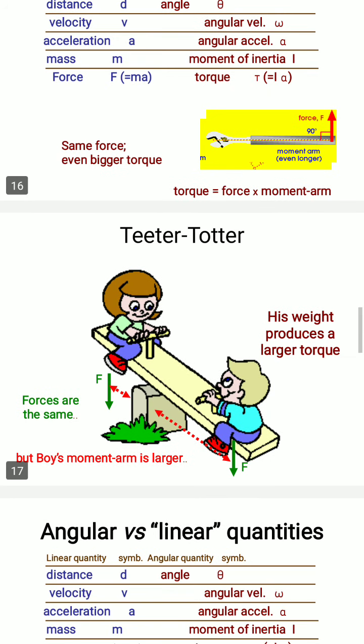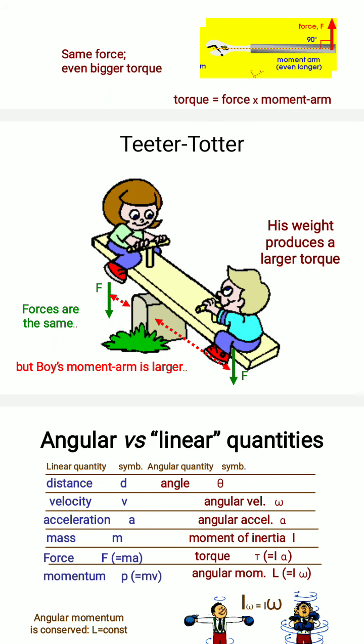Now let us see how we can see torque in day-to-day life. Here there is a teeter-totter, as you can see in the picture. Both children have the same weight, so the force acting on the seesaw is the same. But from the center point, the distance at which the boy is sitting and the distance at which the girl is sitting are different.